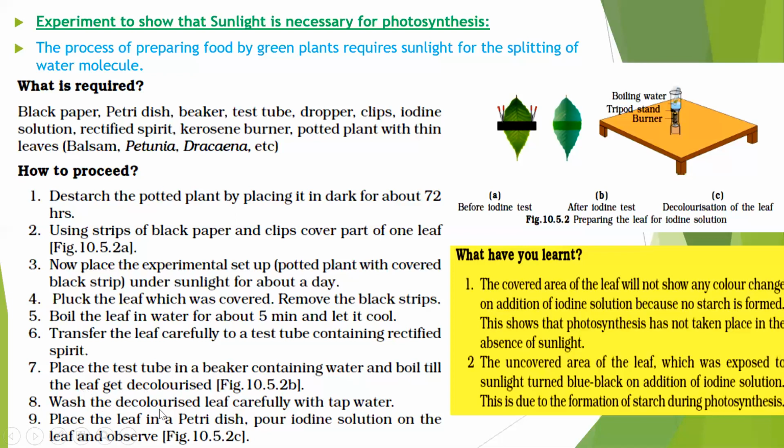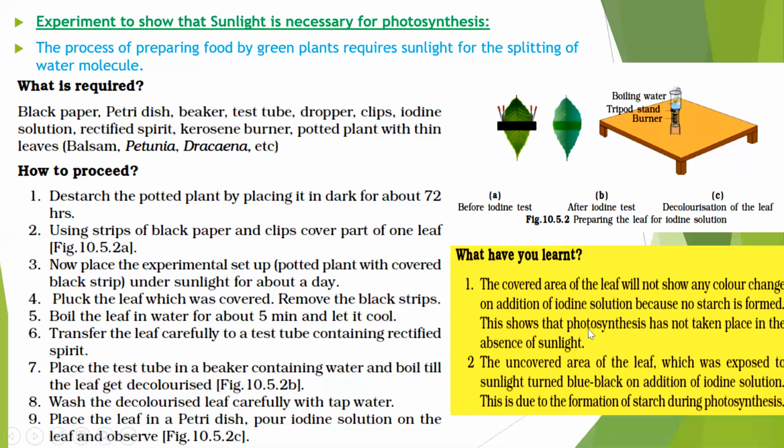Wash the decolorized leaf carefully with tap water. Place the leaf in a petri dish, pour iodine solution on the leaf and observe. Now you can see the covered area of the leaf will not show any color change on addition of iodine solution. Why? Because no starch is formed.